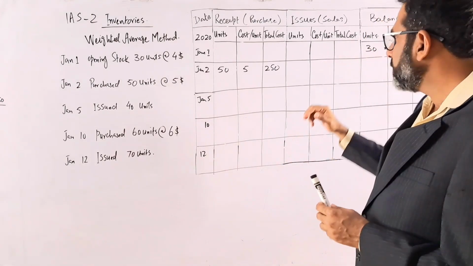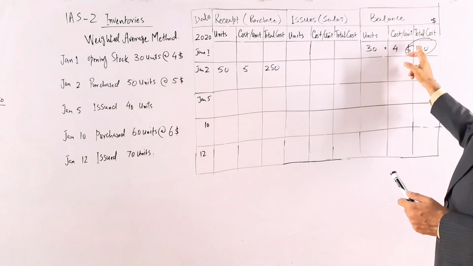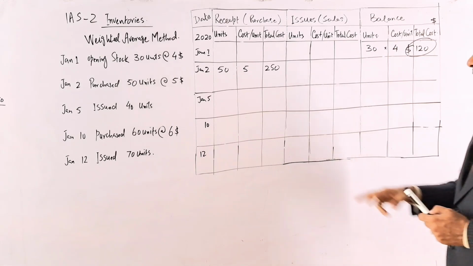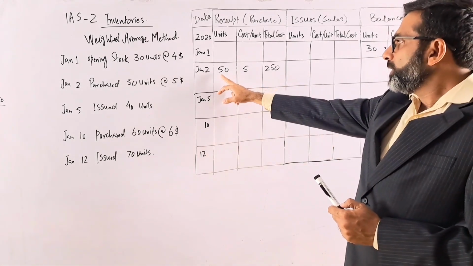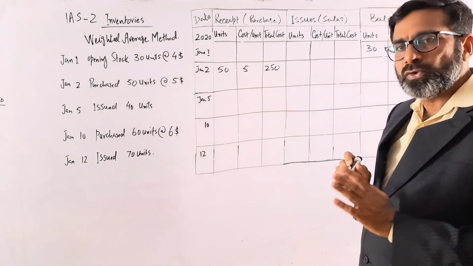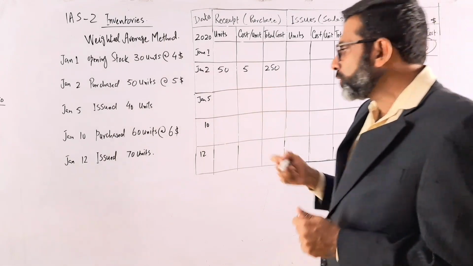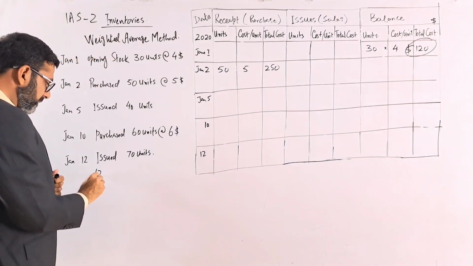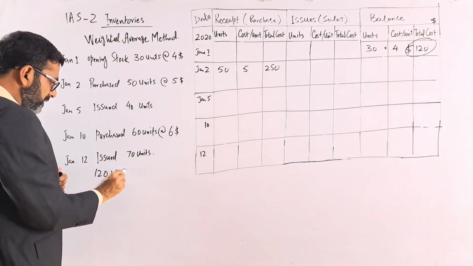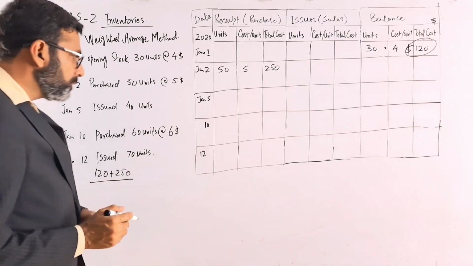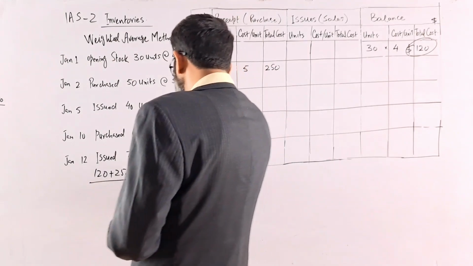First of all, the total cost is 120 for the 30 units, and for the 50 units the cost is 250. So we have to get the total of the cost: 120 plus 250. This will be almost 370.